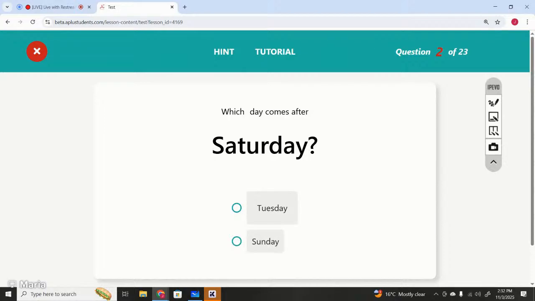Which day comes after Saturday? So which day is it? Very good. Sunday it is. After Saturday it is Sunday.